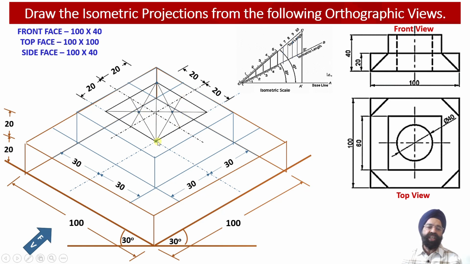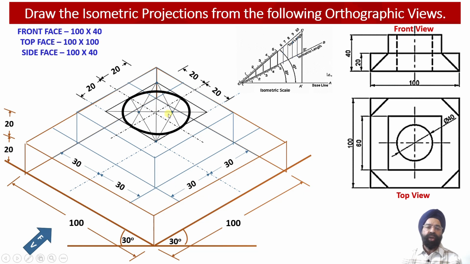So using these 4 centers, we have obtained 4 arcs, and in the isometric projection we can now see an elliptical construction, which is going to represent a circular hole of 40 millimeter diameter, located centrally through these 2 horizontal webs which we have obtained.